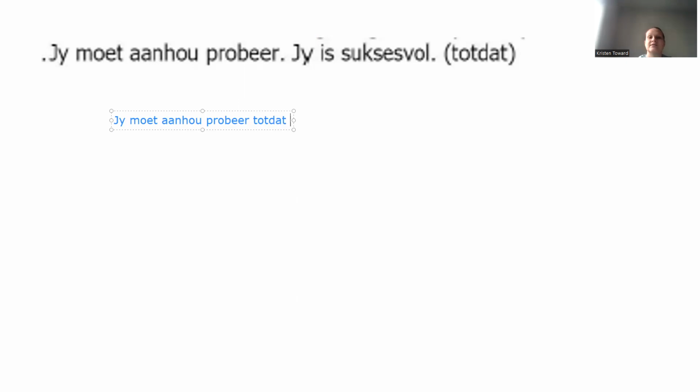When we look at it, jy is suksesvol. Is is our first verb, so we're going to write jy suksesvol, and then write is at the end. There you go. Jy moet aanhou probeer totdat jy suksesvol is. And just like that, you have added a conjunction to your sentence.